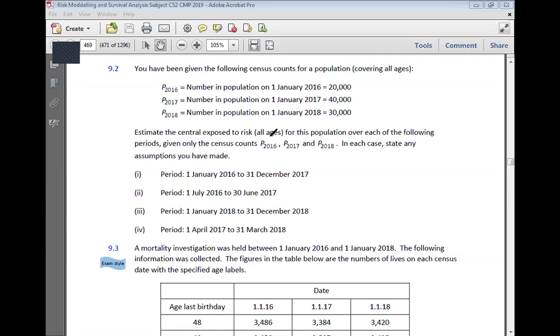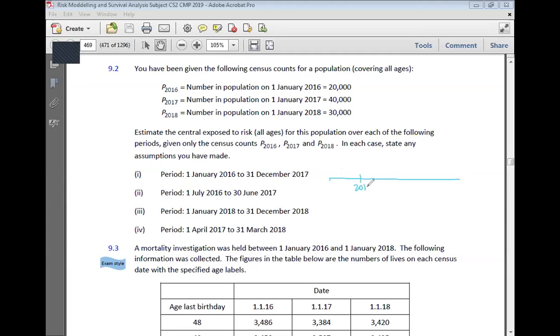All right, so now we only have information for 1st January of each of these years, and we need to figure out the central exposed to risk for the periods that they have given to us. So the very first period is from 1 January 2016 till 31st December 2017. Okay, so what is it that I can do here? This is easy, and let me just do this.